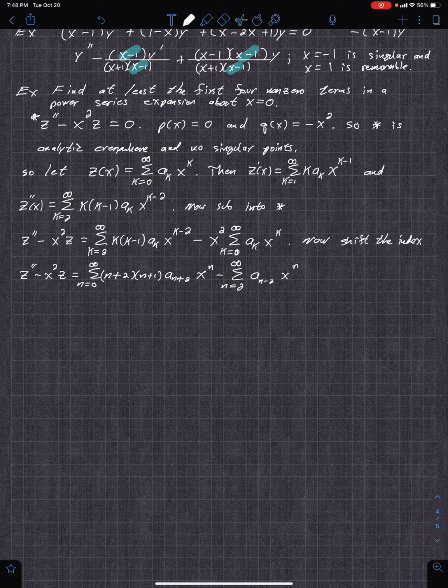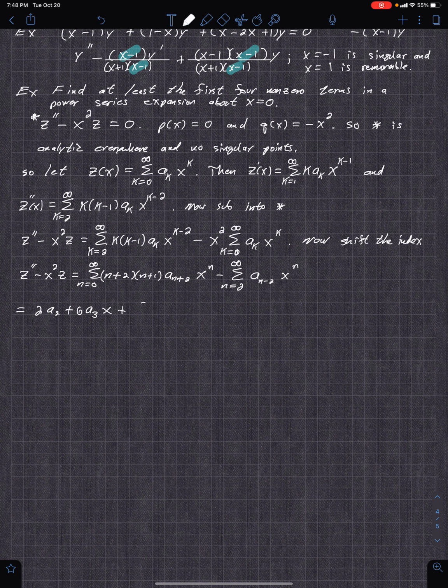So now what I want to do is shift this one to 2. If I do that, that's equal to, then I take out the 2a2 plus 6a3, just doing that calculation.